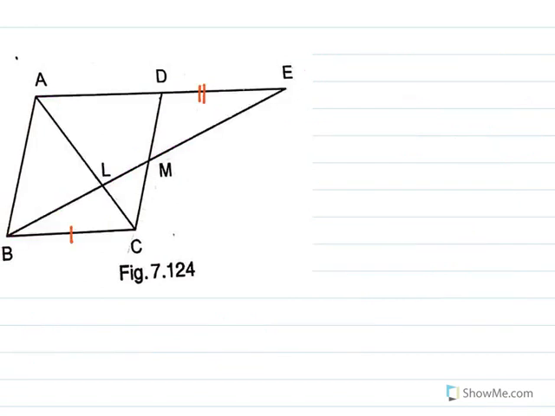So we know DE equal to BC by CPCT. We have proved the two triangles are congruent, and BC is also equal to AD, opposite sides of parallelogram.